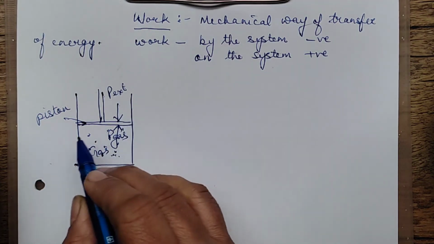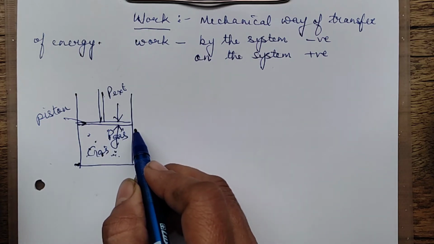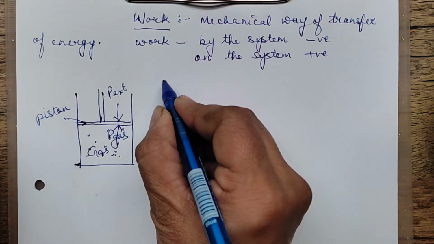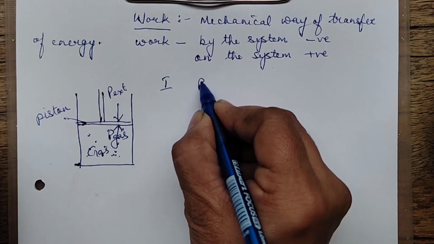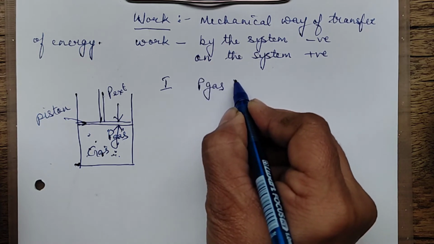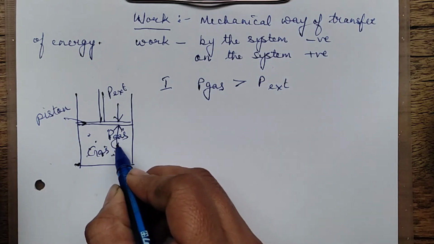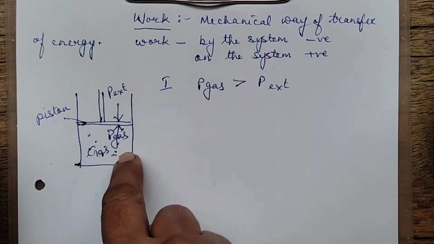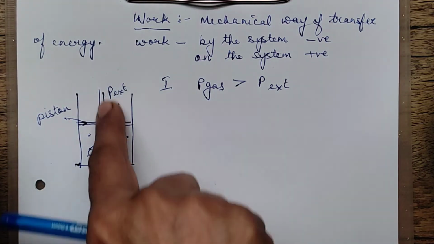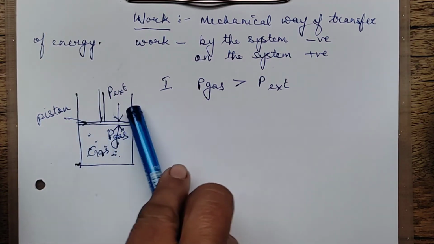So if the two are equal, the piston will not move. If we are considering case number 1, where we are saying pressure of the gas is greater than the pressure external, if the pressure of the gas is more, it will try to push the piston up. The piston will come up.